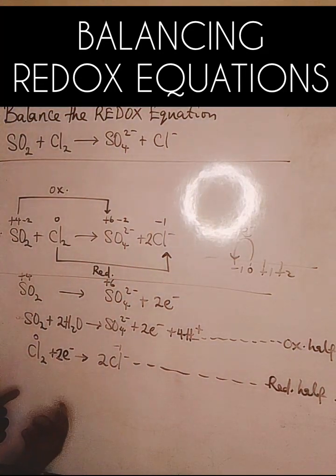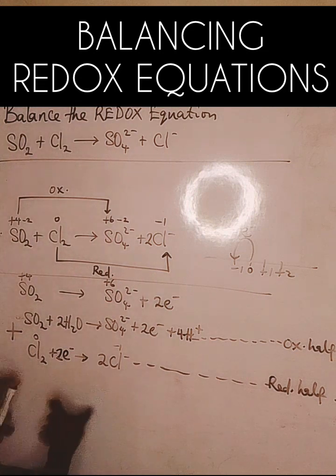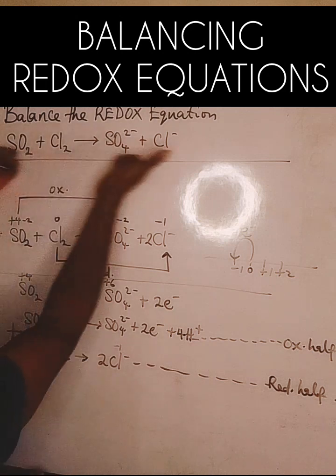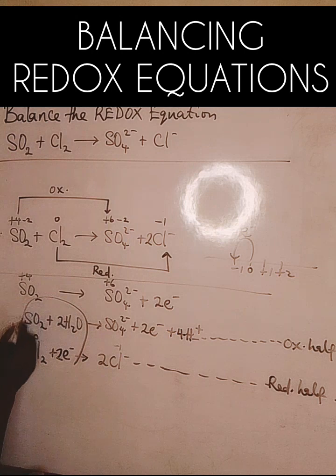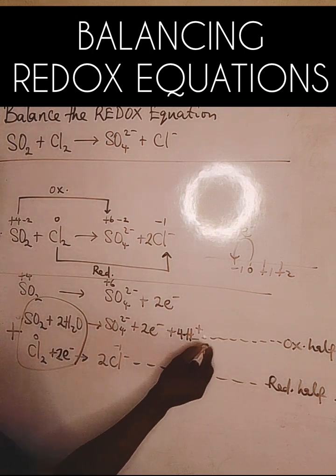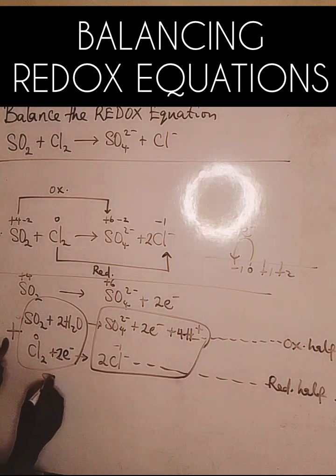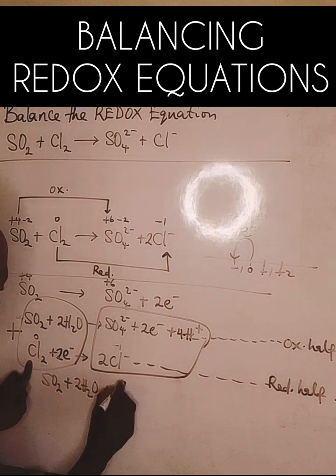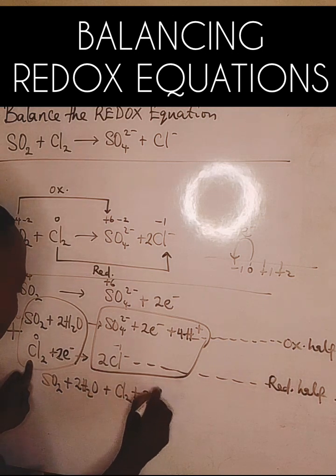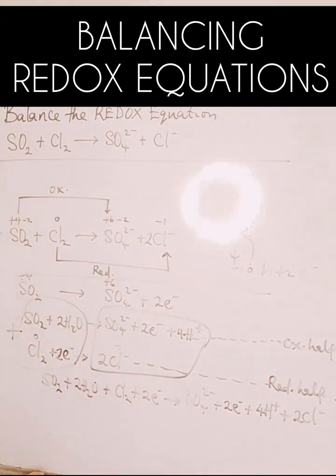After this, you now add the 2 half equations to get the balanced redox equation. So we add all the reactants here and all the products here. That's what we are going to do. So let's go. SO2 plus 2H2O plus Cl2 plus 2 electrons gives SO4 2- plus 4H+ plus 2 electrons plus 2 chloride ions.